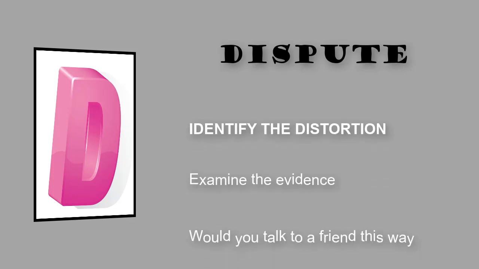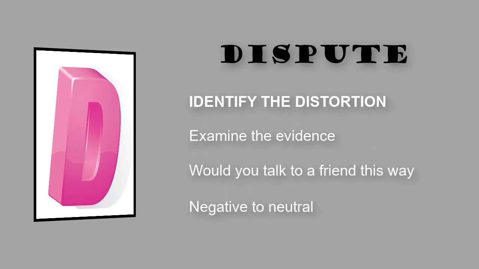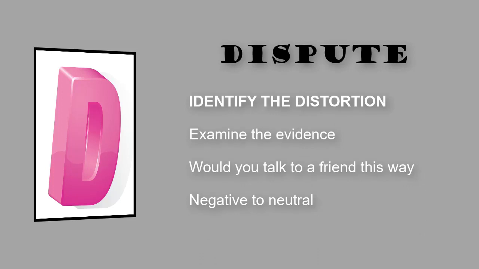And we can dispute our thinking by some of the techniques that we've talked about previously, the Byron Katie technique, asking ourselves, is it true? We can look at the pros and cons of our thinking. We can stop and ask ourselves, I'm thinking this way, I'm talking to myself this way. Is this the way that I would talk to my best friend?